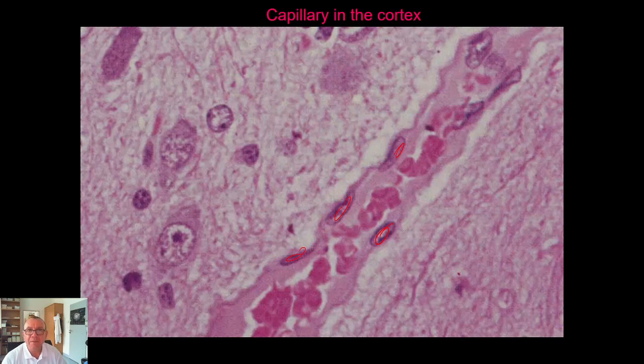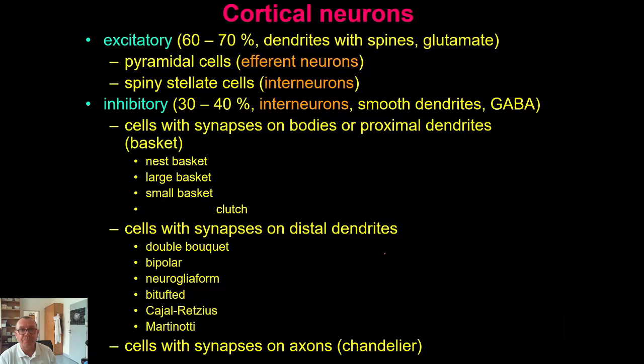We know that capillaries are covered by processes of astrocytes forming the perivascular limiting membrane. You already know it from general histology.